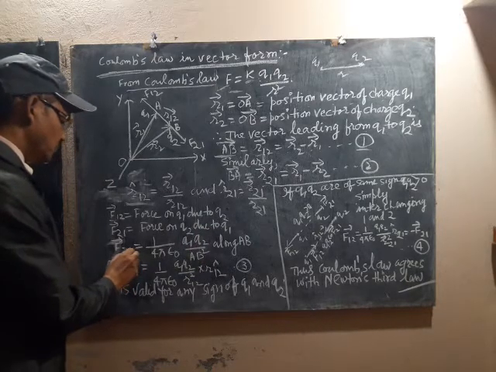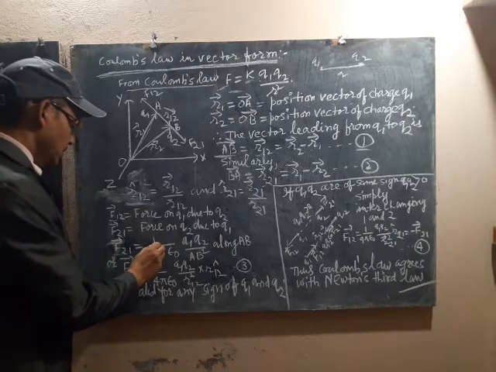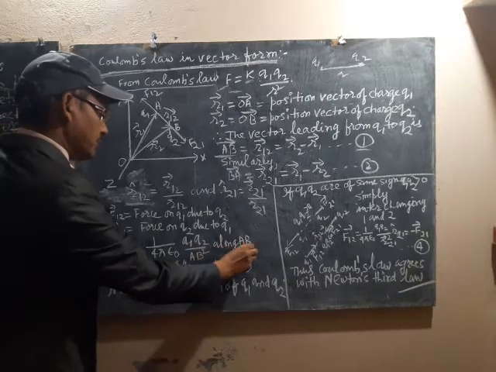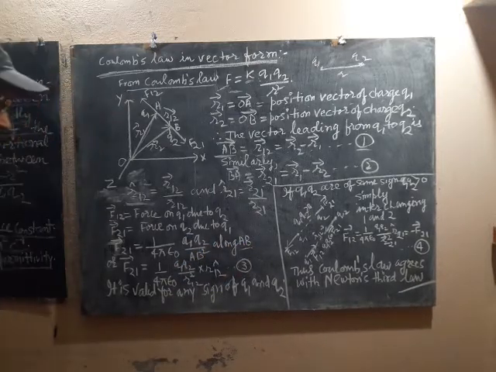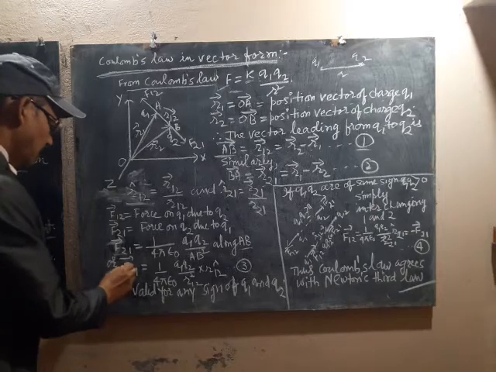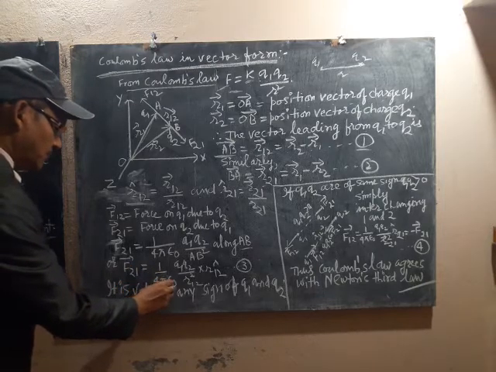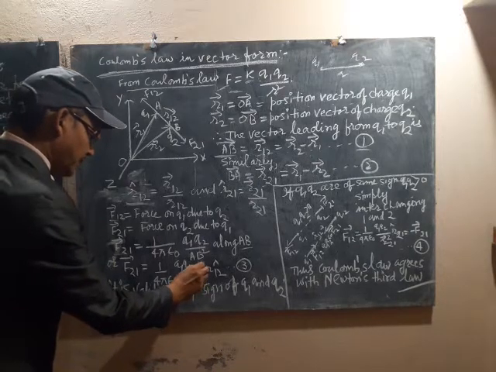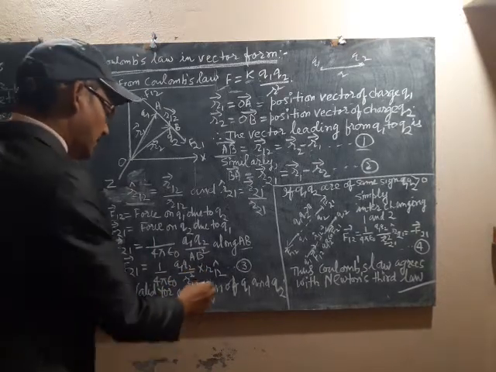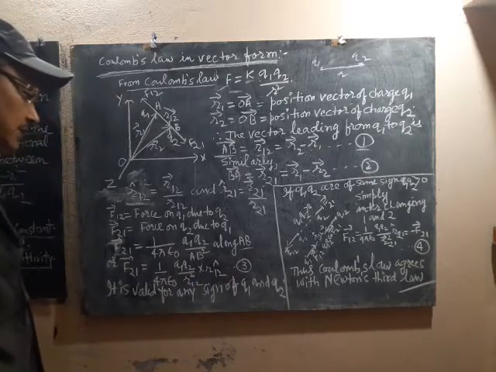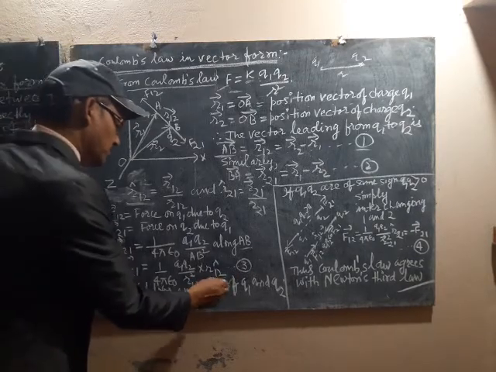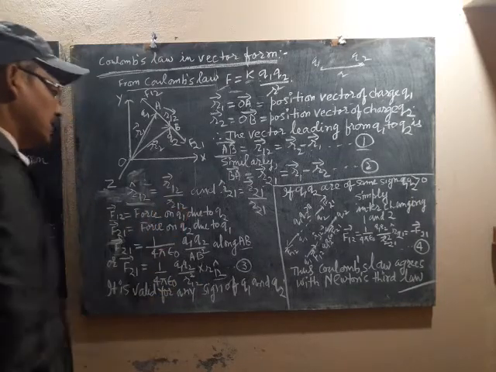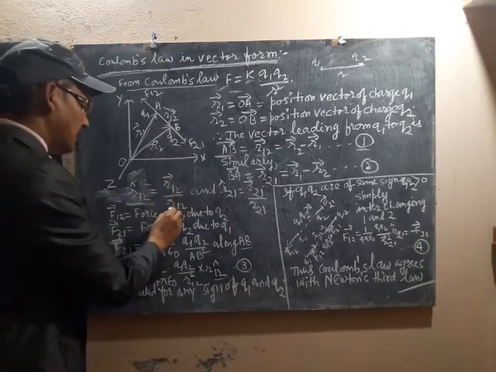Now F21 is equal to 1 by 4 pi epsilon 0, Q1 Q2 by AB square, along AB. This is in the direction AB. Now the magnitude F21 is equal to 1 by 4 pi epsilon 0, same thing Q1 Q2 by r square, but here you should write R12 vector by R12.